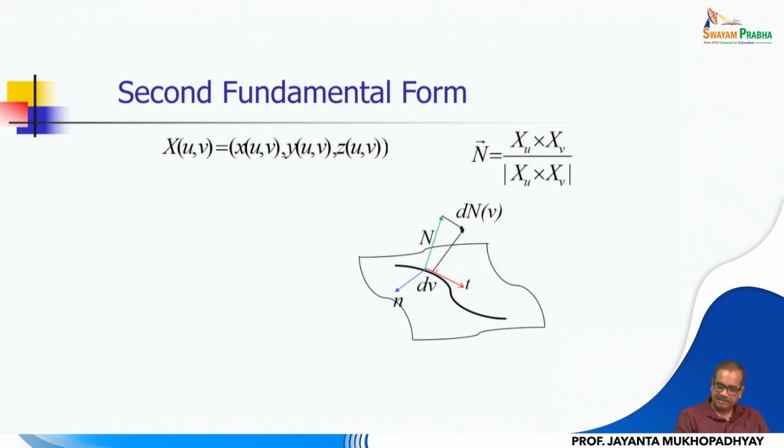So if I consider the normal section, that means if I consider the normal and this tangent, and take the plane, then this segment of the curve will lie in this plane, and we call this curvature of that particular curve at this point the normal curvature at that point.